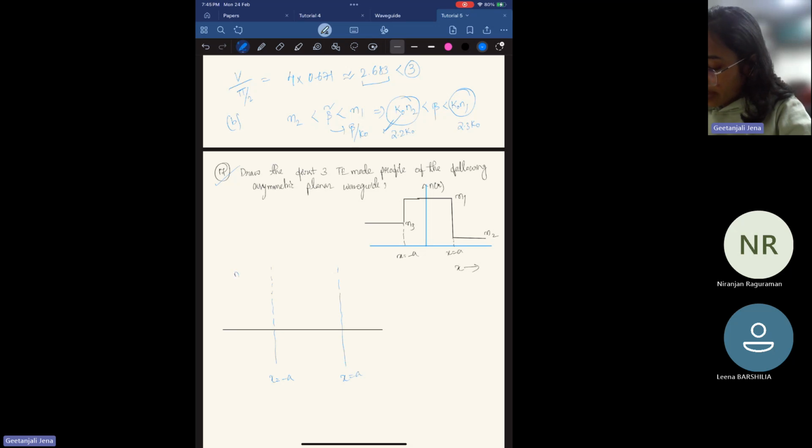Here it is n3, n1, n2, and from the profile, n3 is greater than n2. And if you recall, alpha is root over of beta square minus k0 square times the refractive index of the clad layer.